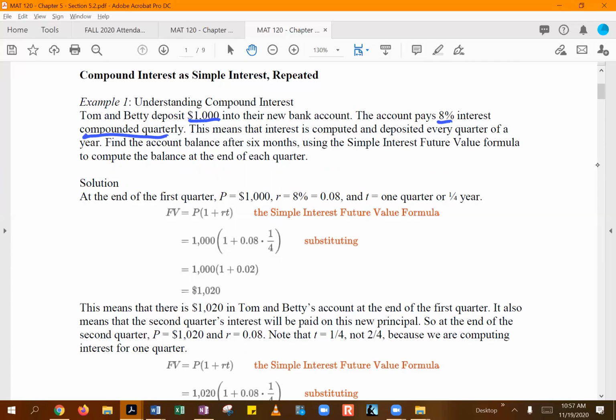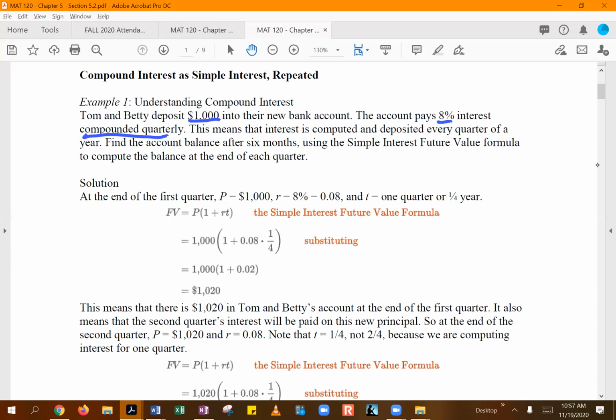When they say compounded quarterly, they're going to take this 8% interest and break it up into 4 parts. At each quarter, this interest gets calculated and added to your bank account.